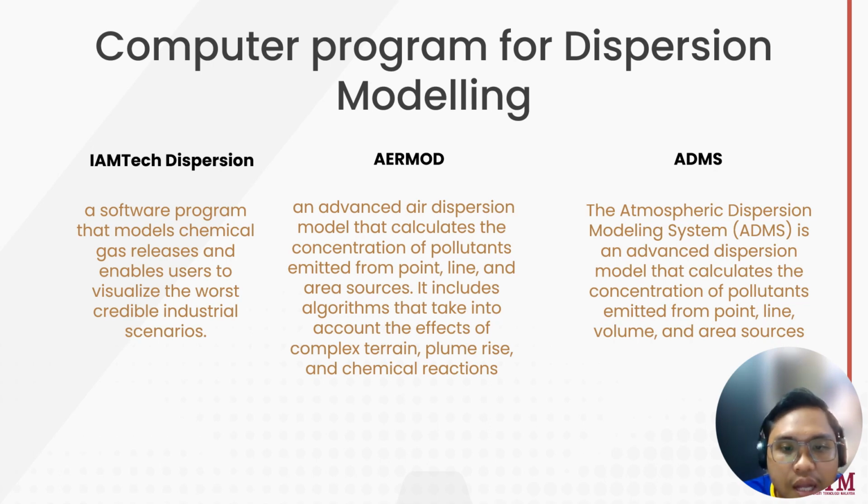It includes algorithms that take into account the effects of complex terrain, plume rise, and chemical reaction. And the last is ADMS, the Atmospheric Dispersion Modeling System, an advanced dispersion model that calculates the concentration of pollutants emitted from point, line, volume, and area sources.